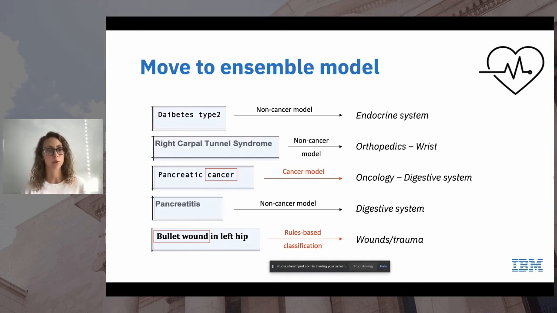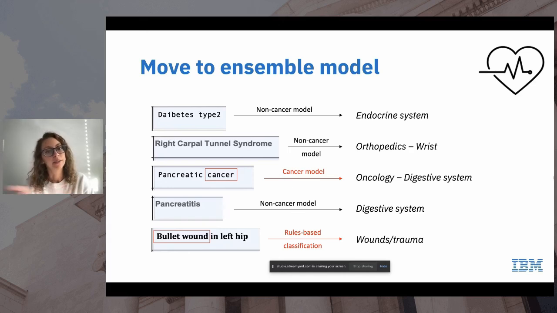So on the other side of the same coin, we have pancreatitis in the non-cancer model, and that non-cancer model can classify it as digestive system in a really confident way, with a really high confidence, without having that confidence watered down by the presence of another digestive system classification.